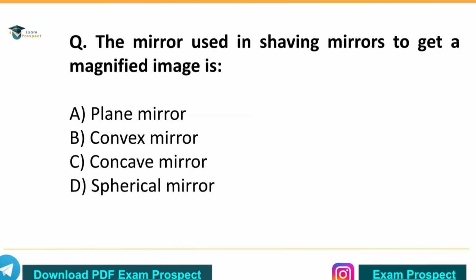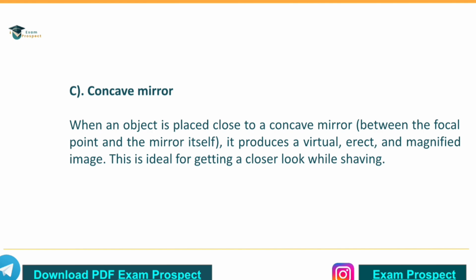Next question, the mirror used in shaving mirrors to get a magnified image is? Correct answer is option C, concave mirror. Here, when an object is placed close to a concave mirror, between the focal point and the mirror itself, it produces a virtual, erect and magnified image, and this is ideal for getting a closer look while shaving.